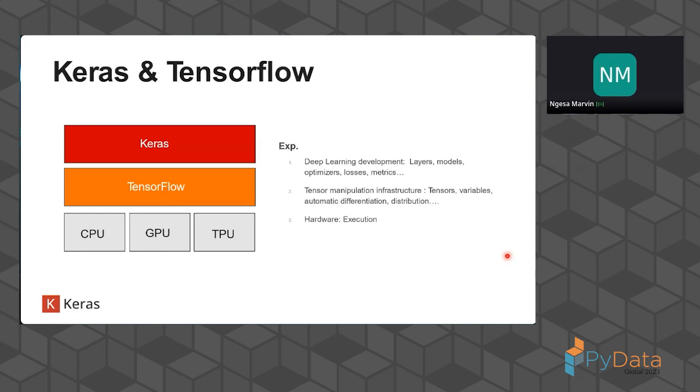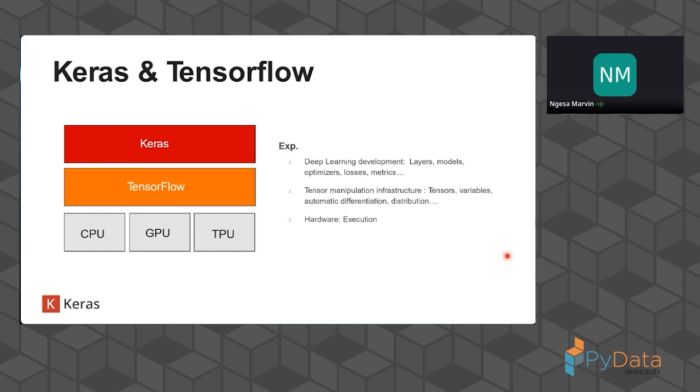That's how both Keras and TensorFlow work together. But it's very important to keep in mind that TensorFlow is much more than just a library, much more than just an API, much more than just a tensor manipulation infrastructure. It's a platform where we have an ecosystem of components being developed by Googlers, and some are even being developed by third parties.